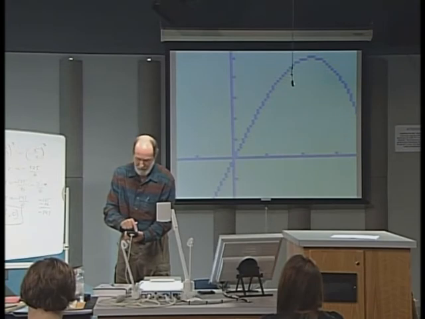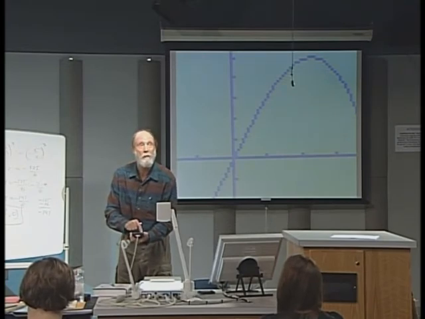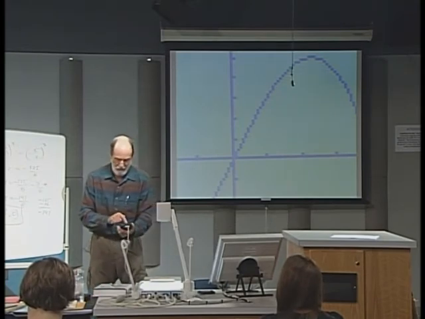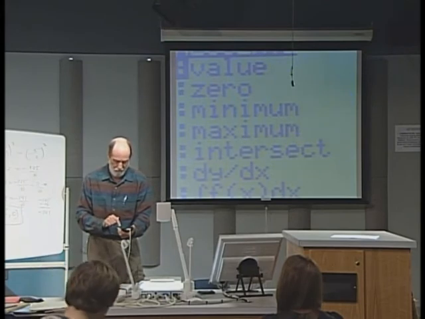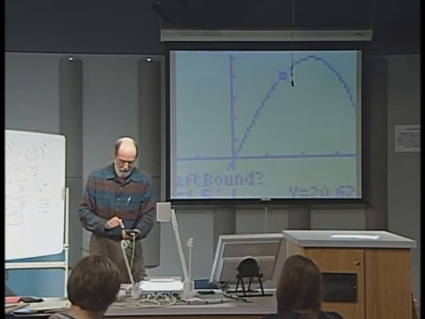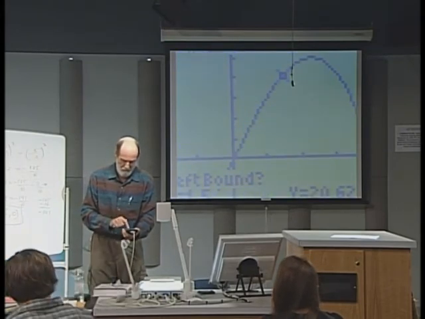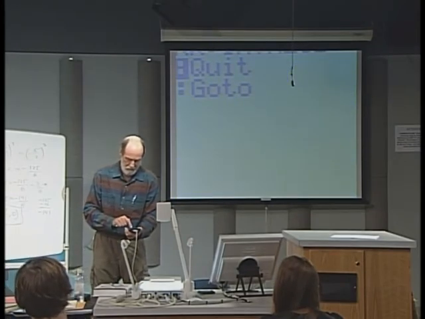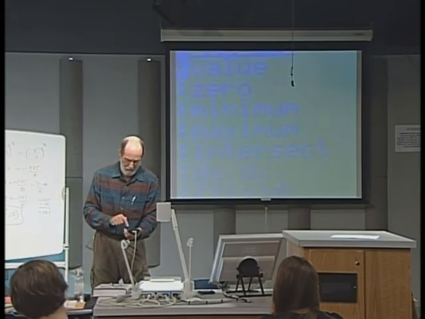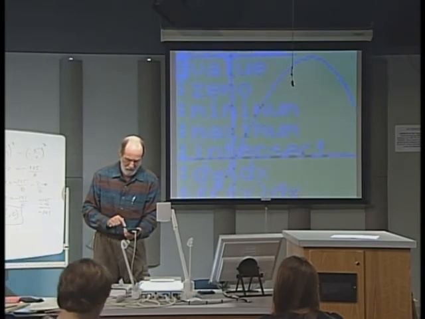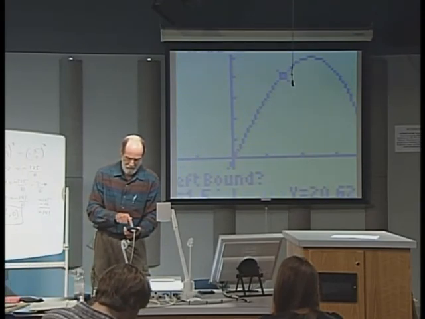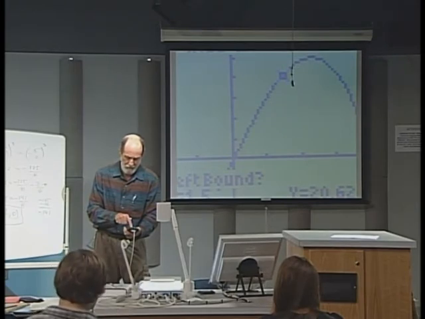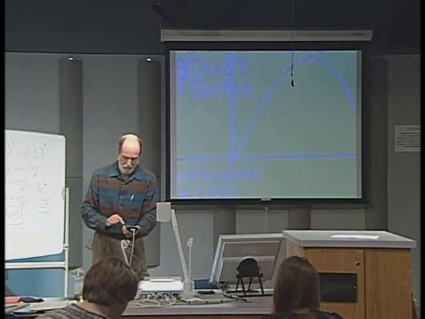Now I'm going to jump to my calculate features to go maximum. Calculate, go to maximum feature, number 4. Lower value, maybe 10. Whoops, sorry. Did something wrong. Calculate, maximum, number 4. Left bound, didn't I say 5, 10, 15? Yeah. 10 I think should work.